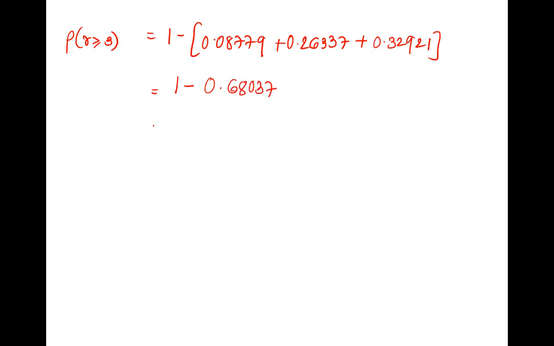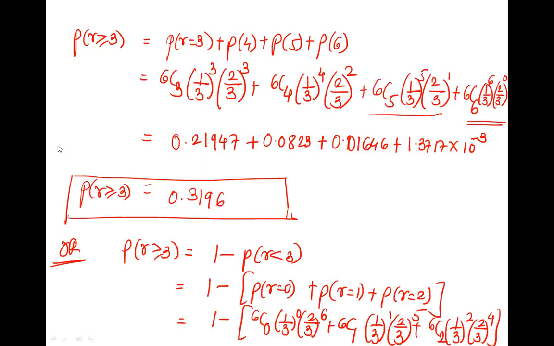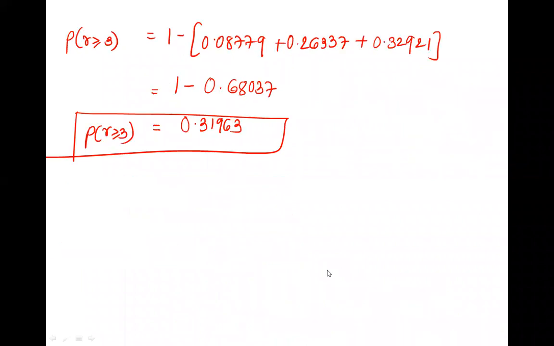0.68037. Just check whether it is correct. If yes, subtract from 1 and tell me the answer. 0.3196. 0.31963. Similar we are getting again. Yes. If you go directly from 3 to 6, or indirectly the opposite way from 0 to 2 and subtract from 1, you will get the similar answer.